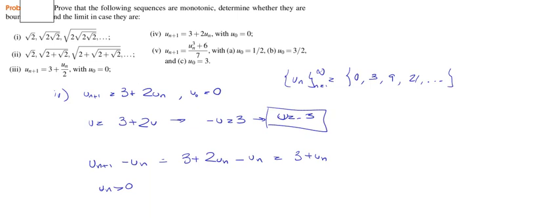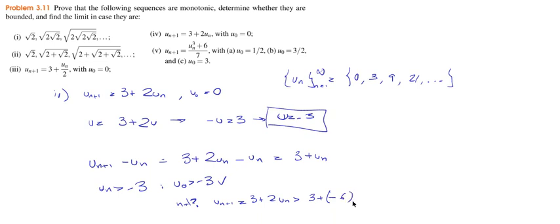Well, let's prove that u sub n is greater than minus 3. u sub 0 is greater than minus 3. That's true. We assume it is true for n. Is it true for n plus 1? Well, u sub n plus 1 is 3 plus 2 u sub n, which is greater than 3 plus 2 times minus 3, so it's minus 3.